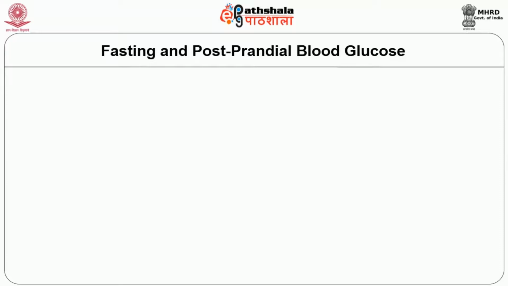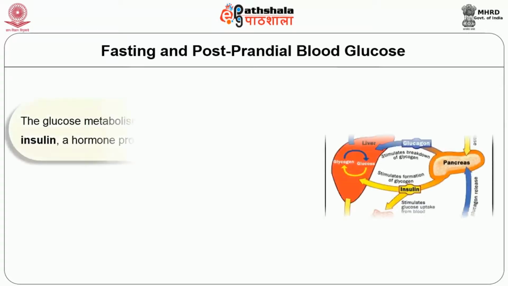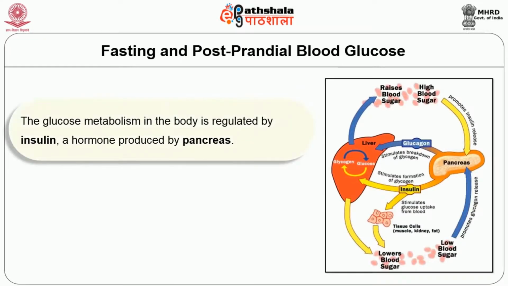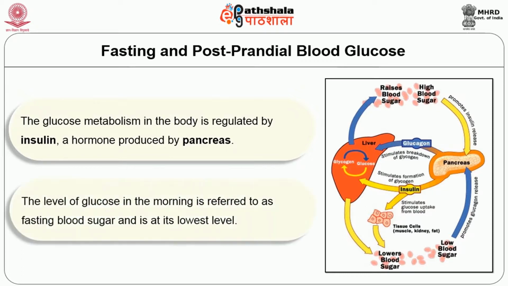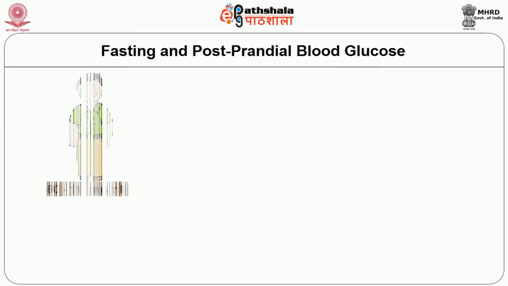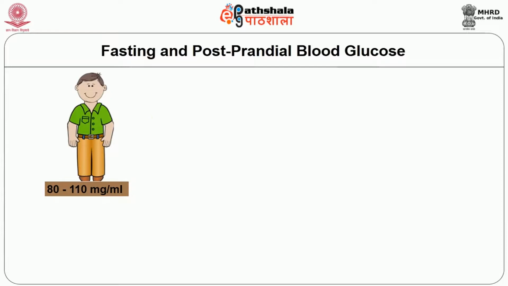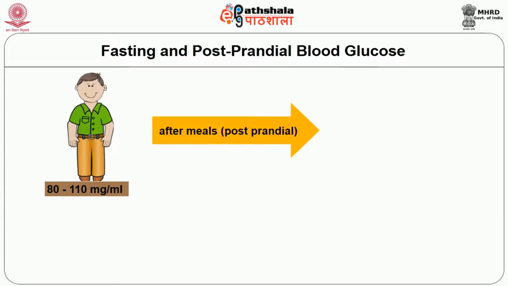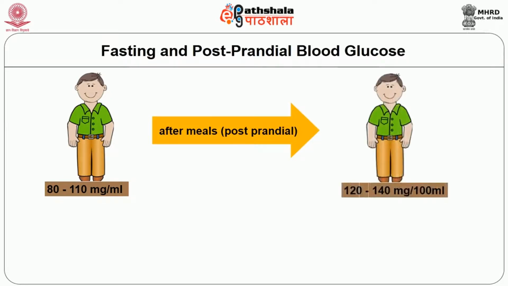Fasting and postprandial blood glucose. The glucose metabolism in the body is regulated by insulin, which is a hormone produced by pancreas. The level of glucose in the morning is referred to as fasting blood sugar and is at its lowest level. A non-diabetic adult has fasting value of 80 to 110 and after meals, that is postprandial, has 120 to 140 milligram per 100 ml.